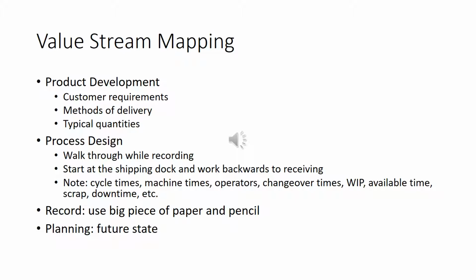You want to record everything you find. Use a big piece of paper and a pencil. You're going to erase, and take a stopwatch with you. You're going to have to record some times here. Take it back, look at it, and then get rid of the muda, and you plan your future state and map that out. That's a process map.